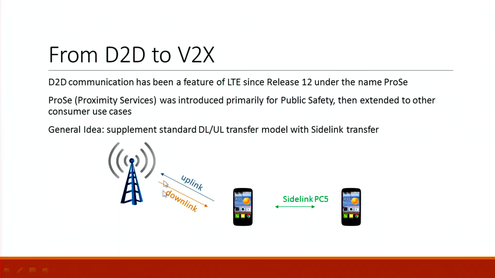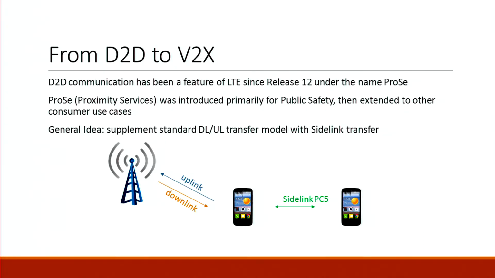The idea in general is to supplement the standard downlink and uplink transfer with side link. A side link communication is a communication that doesn't go through the eNode B, uses resources that are in the same spectrum as the downlink and uplink spectrum, but they are set aside specifically for side link communication.